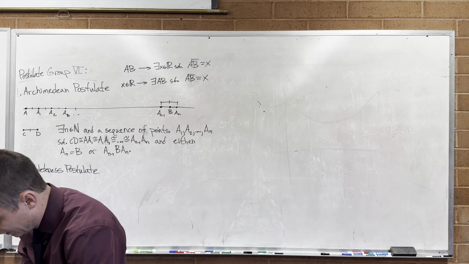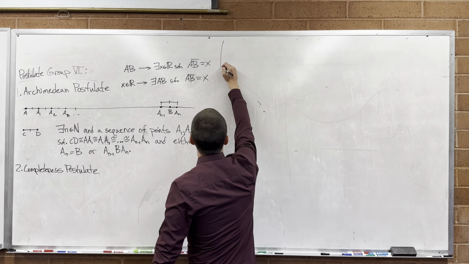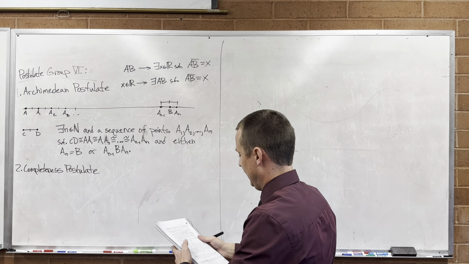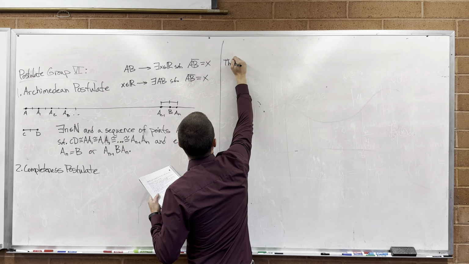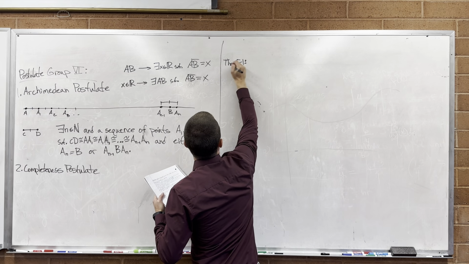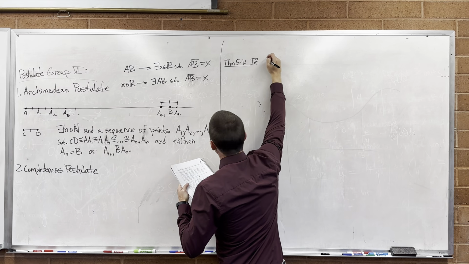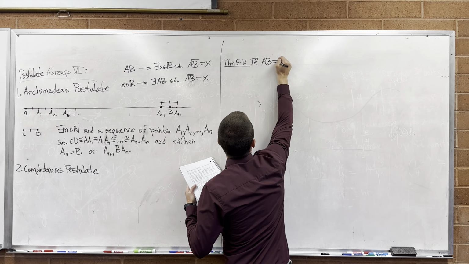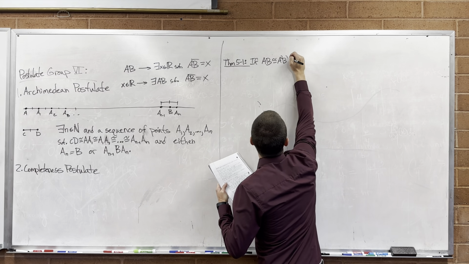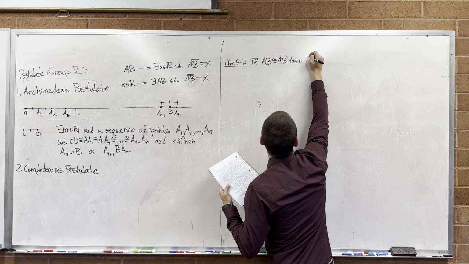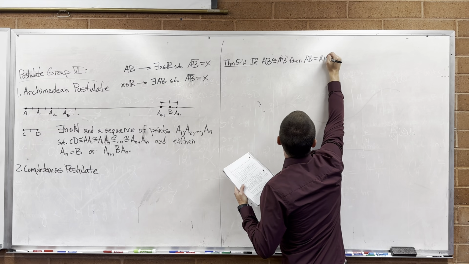All right, so let's do our first theorem now. You'll see a bit what I mean and why we won't really have you doing proofs like this. Okay, so starting with theorem 5-1. Theorem 5-1 says, if AB is congruent to A prime B prime, then the length of AB is equal to the length of A prime B prime.